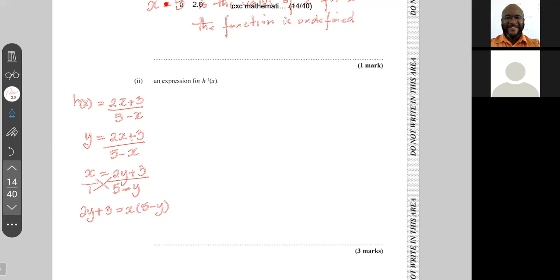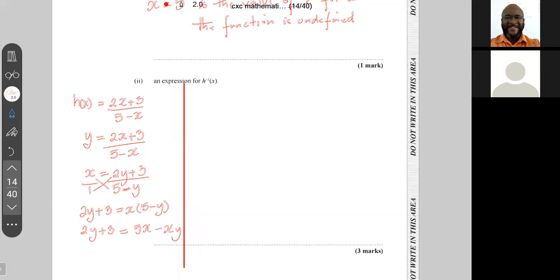Remember, we're still in step 3, and in step 3, we're to make y the subject again. Next, I'm going to remove the brackets by applying distributive law. 2y plus 3 is equal to x times 5 is 5x. X times y is xy. We're still in step 3, which is to make y the subject again.